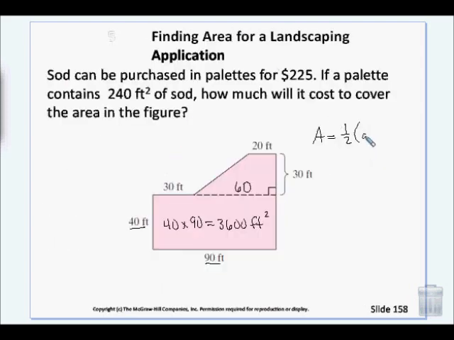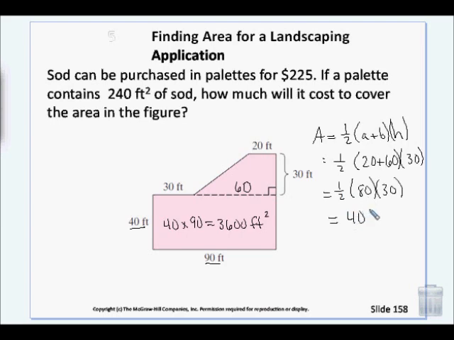Your book does A plus B, so I'm just going to do A plus B times H. 1/2 of 20 plus 60 times 30. So 20 and 60 are my bases. So that's 1/2 of 80 times 30. 1/2 of 80 is 40 times 30. So that's 1,200.